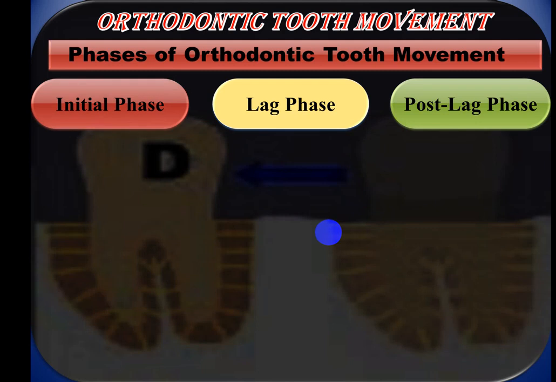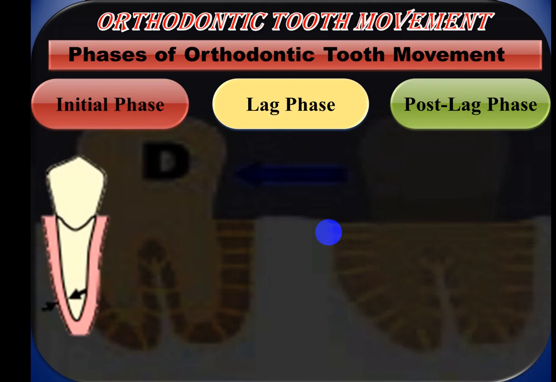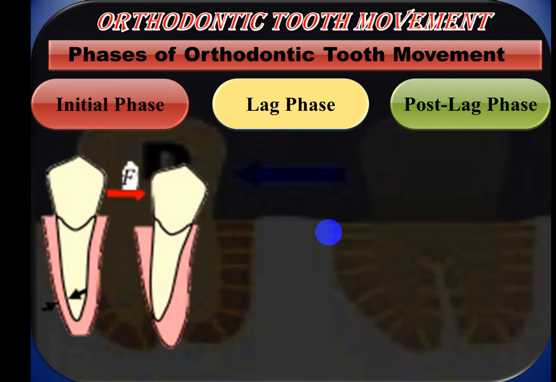In the initial phase, firstly, you can see here the tooth located in its socket. The width of the PD ligament surrounding the root is equal all around the tooth, and no problem has happened. After the application of force to the tooth, the initial phase is characterized by sudden displacement of the tooth within its socket.